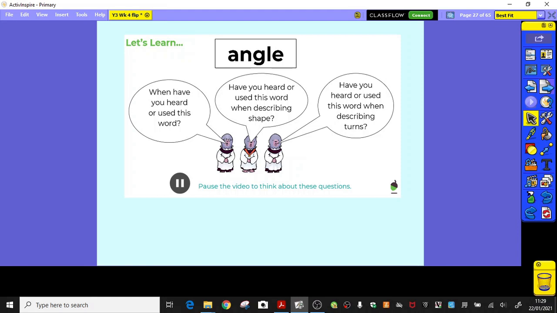So here we have the word angle. Have you heard or used this word yourself? Have you used it in connection with a shape? Or have you used it when you've been describing turns? Let's have a look. So, here we've got a line.